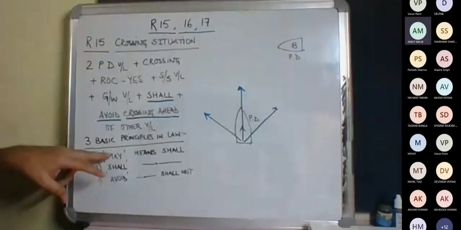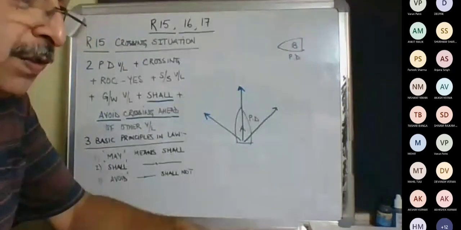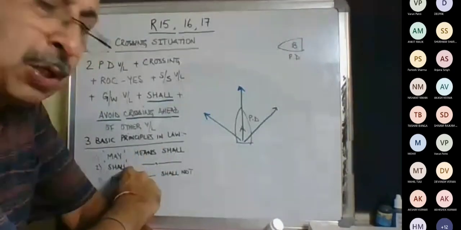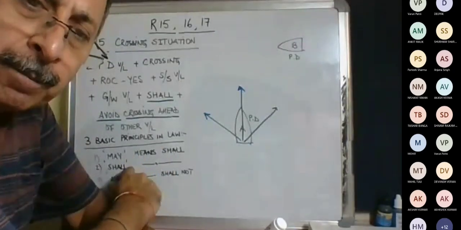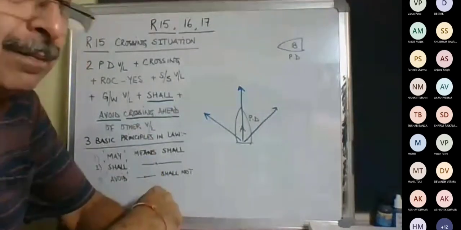So if may means shall and shall means shall, then why have may and shall in the rules? Why not just write shall everywhere? The reason for that is because the rules have been framed for us at the operative level. At the operative level, this is the meaning.